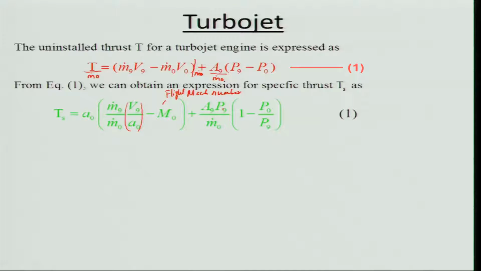And A9, if I take P9 out, what I will get in the bracket is 1 minus P0 divided by P9, and ṁ0 I have added. So, we have already looked at the other V9 by a0 terms, we will be looking at them again a little bit just to see how these losses will be incorporated in that.